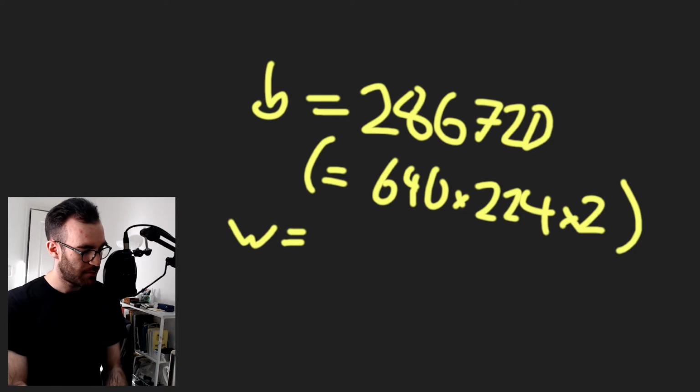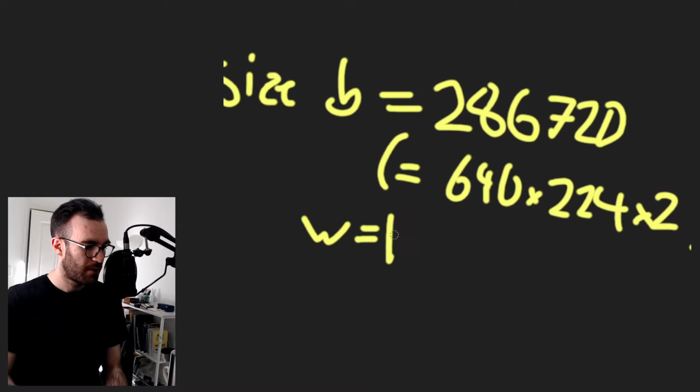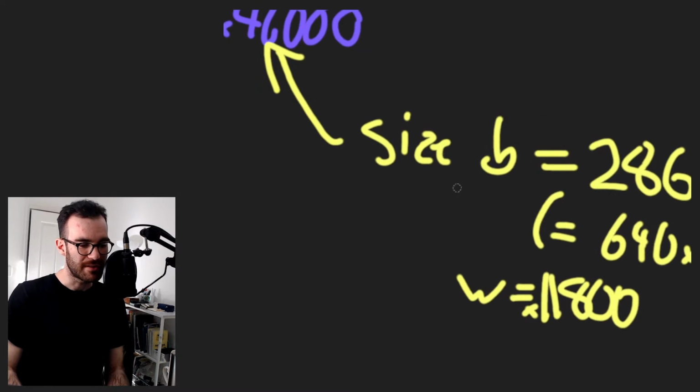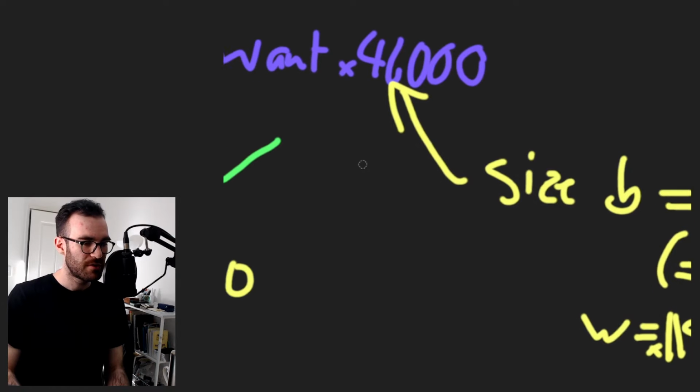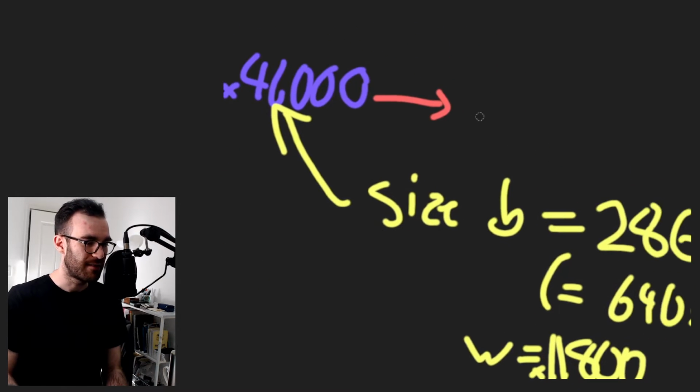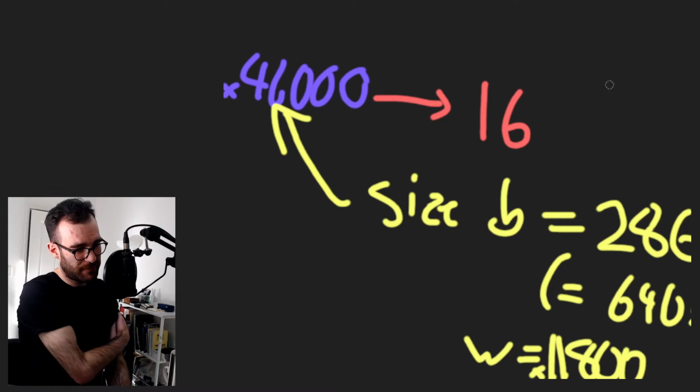As a hex number, 286720 divided by 4 is 11800. That's weird. So the size in words is 11800. So we would expect this to go to, like this doesn't end until 6 plus 8 is 14.